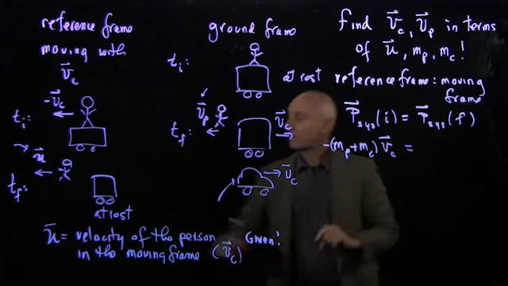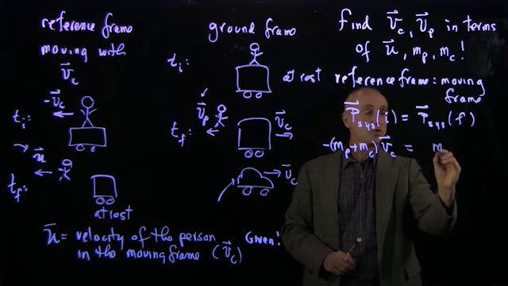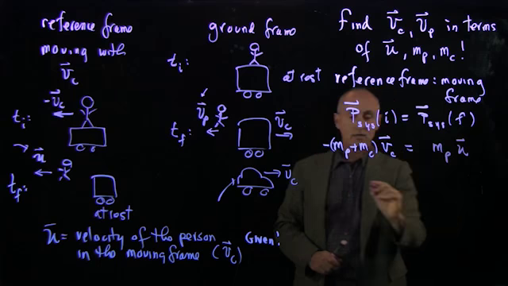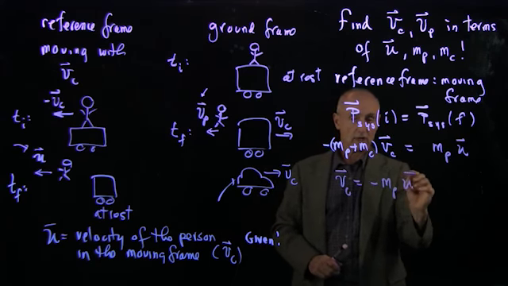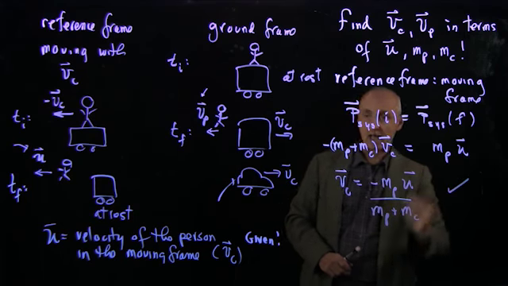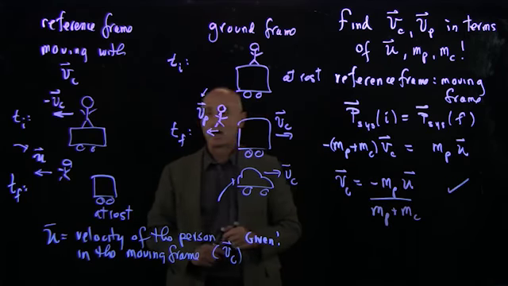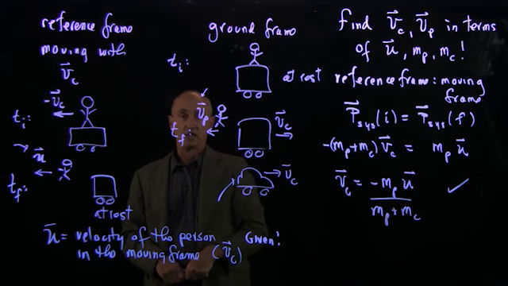And the final momentum is equal to just m_person u. And so we see that v_cart equals minus m_person u over m_person plus m_c, which is exactly the same result that we got in the ground frame, but it was actually much easier to solve in the moving frame.